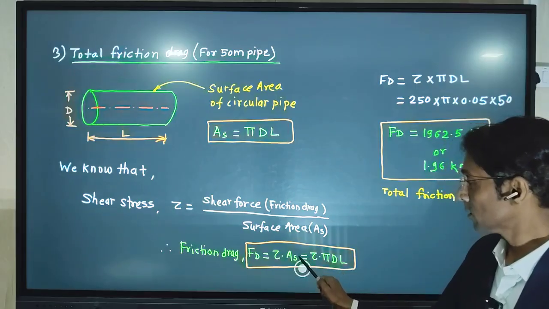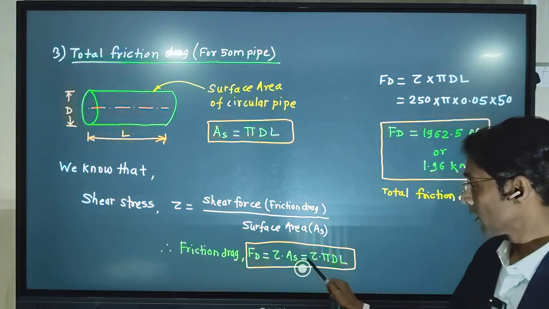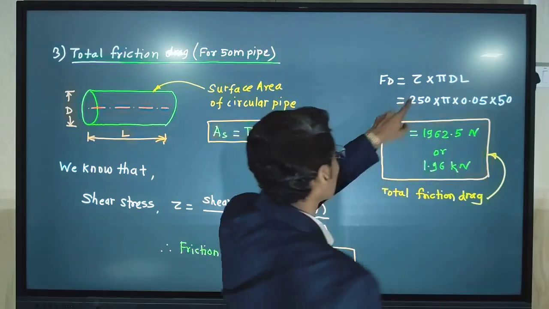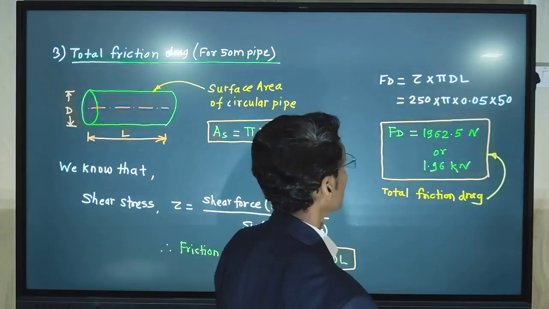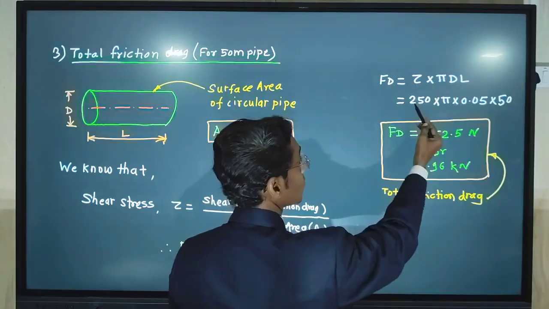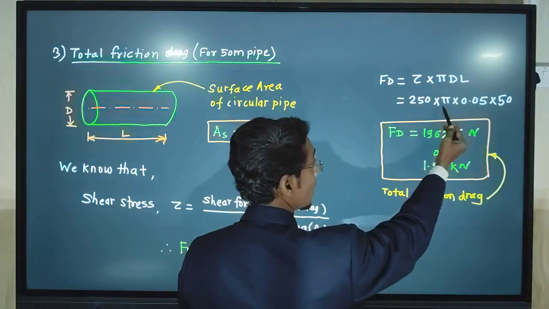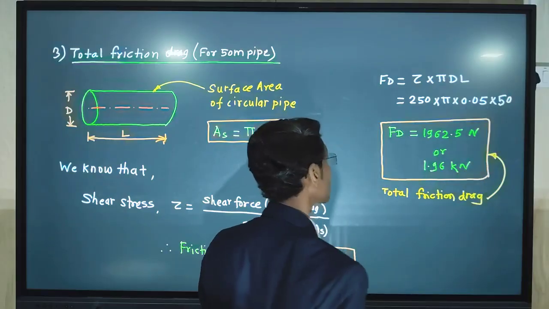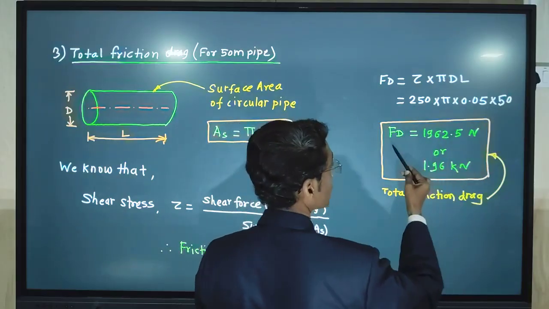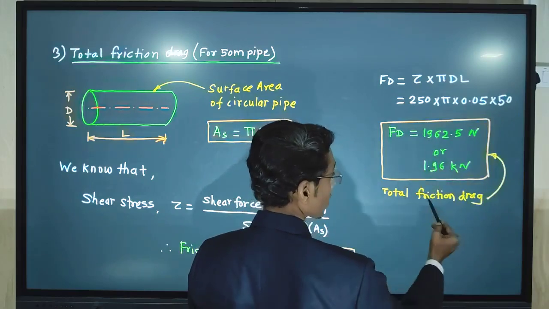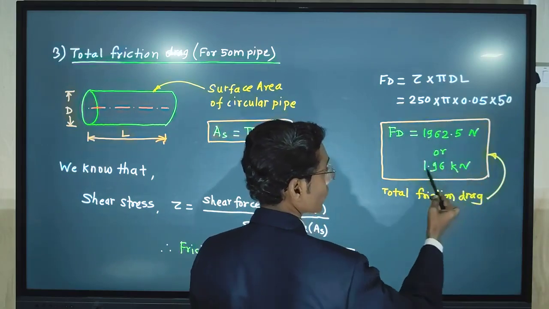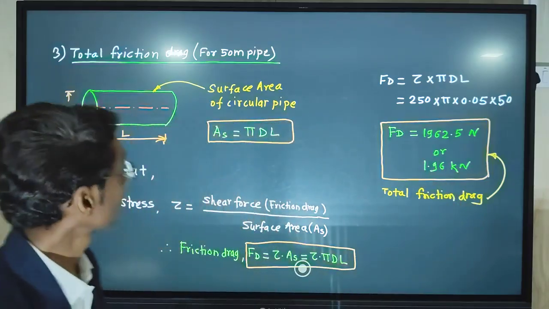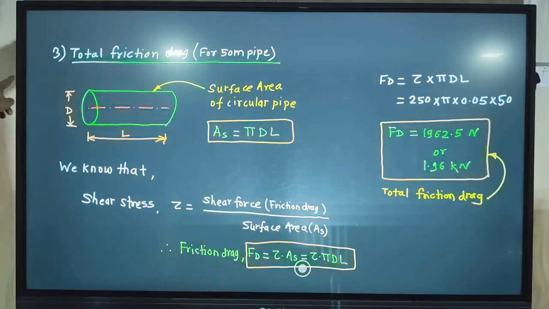Further, we place pi dL for the surface area. So we find the formula FD is equal to tau into pi dL. So already we have calculated value of tau that we put here, multiplied by pi, value of d in meter and value of L in meter, which are given in the statement. After the calculation, we find the total friction drag in a Newton. This we can mention in kilonewton also. So this was a third answer.